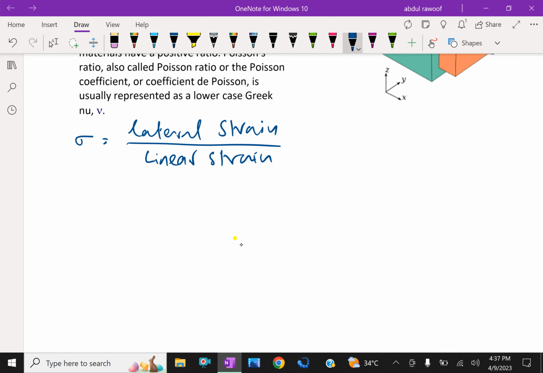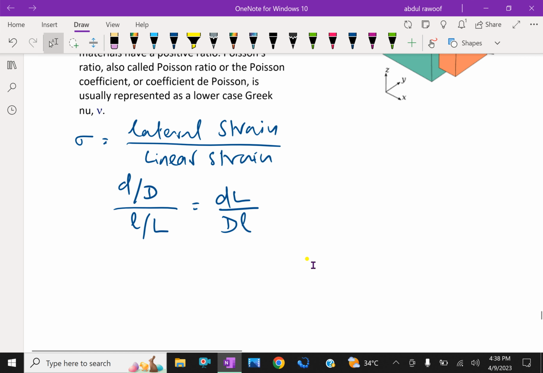From this we can write d by d, that is cross-sectional area's dimension, that is diameter, then L by L, change in length by original length. Then we can write the simplification. This is equal to dl by dl. Poisson ratio has no unit since it is the ratio of the same units.